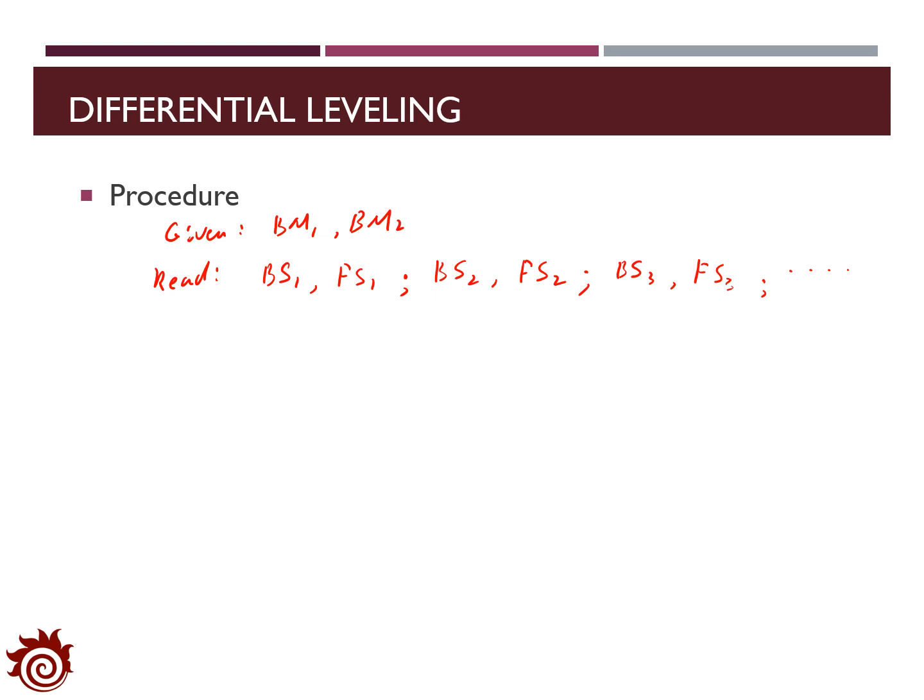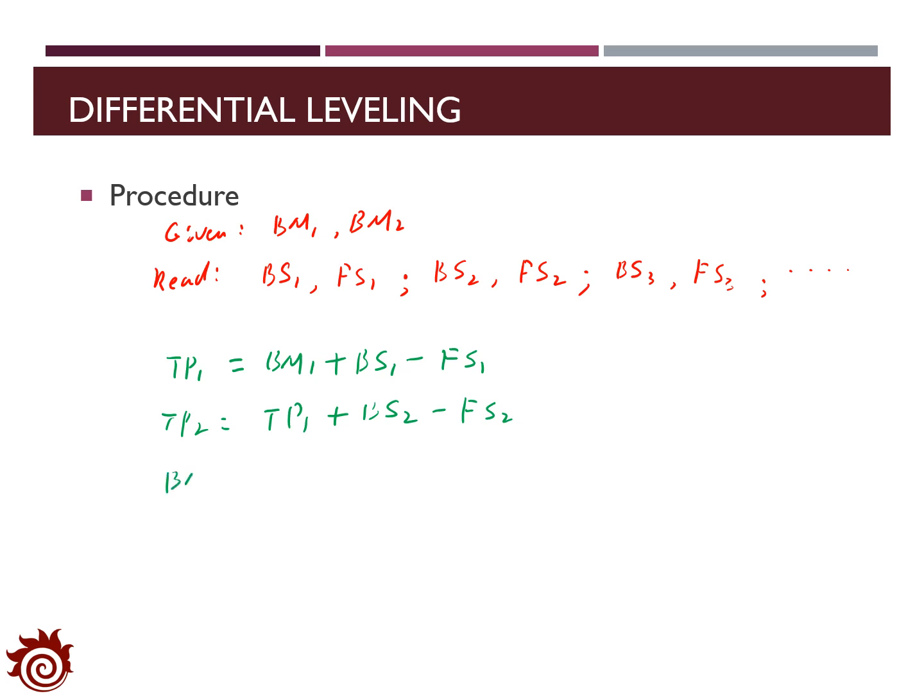With that, we can estimate the elevation at the turning points and also the benchmark 2. For turning point 1, the elevation is benchmark 1 plus backside 1 minus foresight 1. For turning point 2, that is turning point 1 plus backside 2 minus foresight 2.